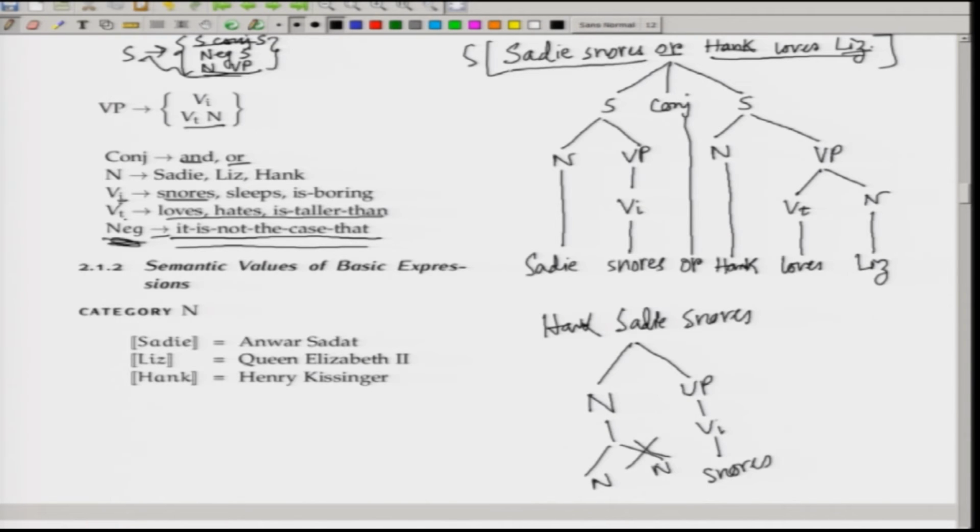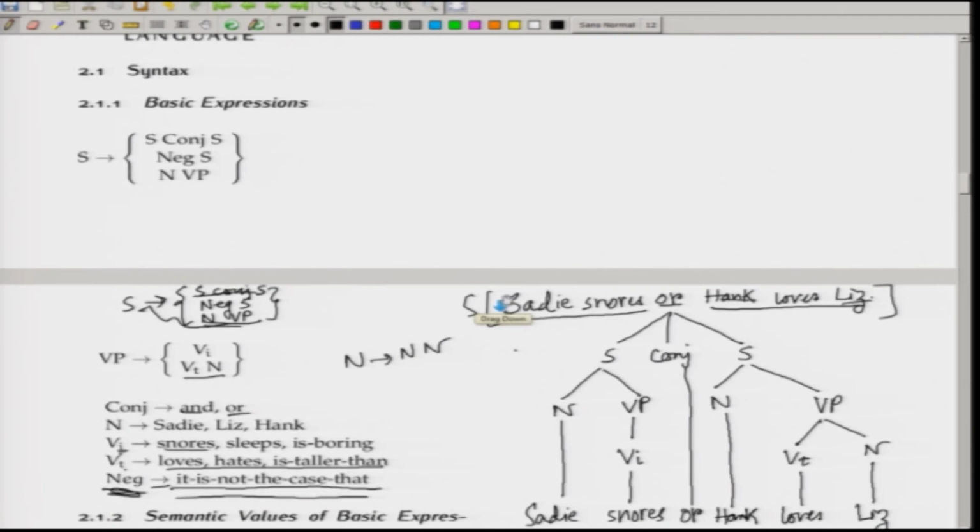Now, once again this is not possible, simply because there is no rule that states that N goes to N. There is no such rule. That is the reason we can't generate this sentence. It is a bad sentence.